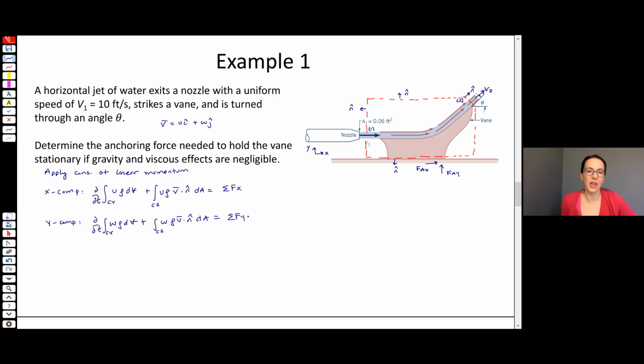Okay, so anything that we can get rid of right away? Any ideas? We can make one sort of simple, reasonable assumption and cross out two of these terms right away. V dot n should be 0.